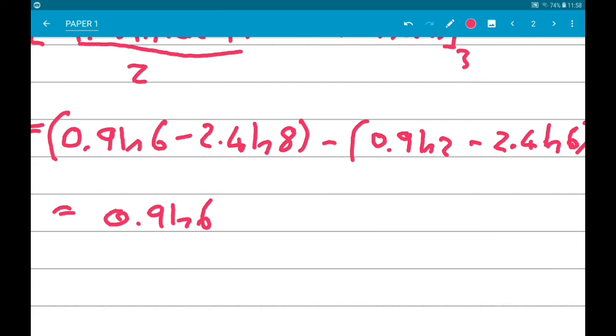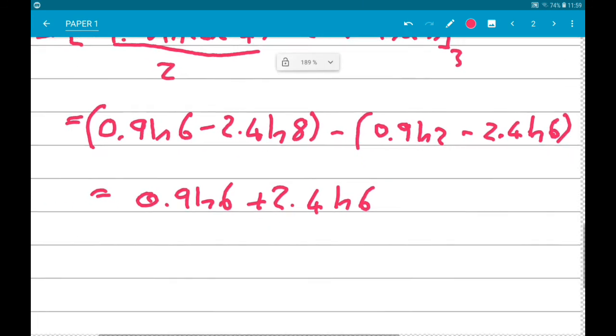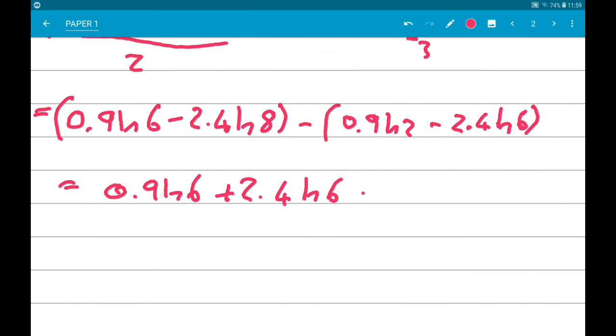So add 2.4 log 6. And then we have minus 2.4 log 8 and then minus 0.9 log 2.